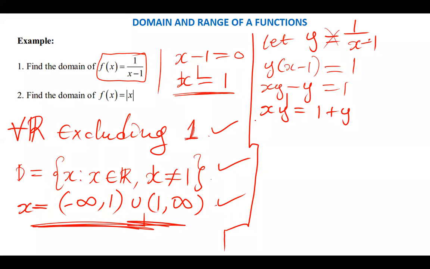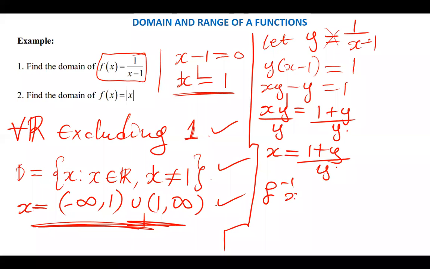And then I'll divide by y. So the value of x will now become 1 plus y over y. Therefore, f inverse of x will be equal to 1 plus x over x.